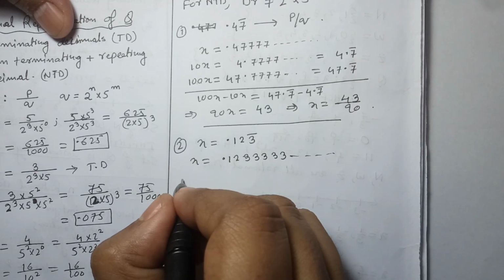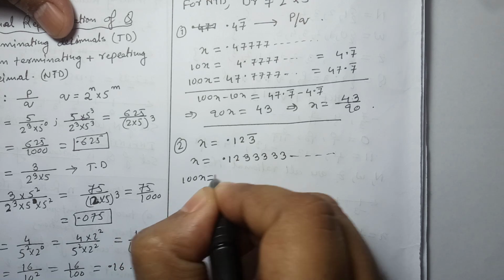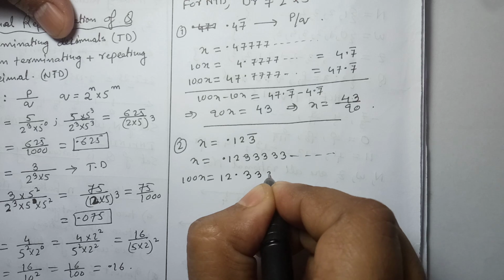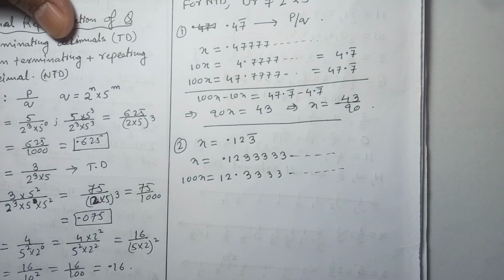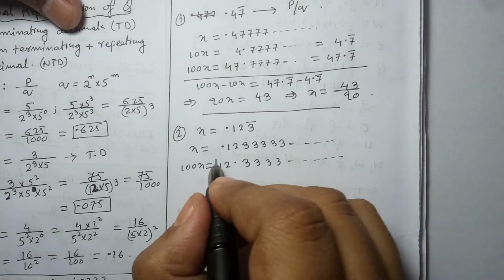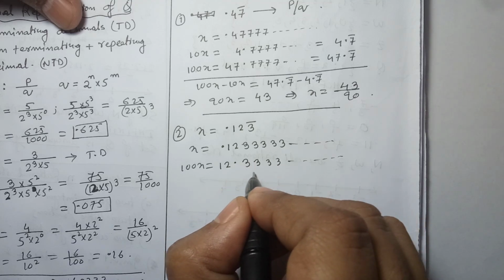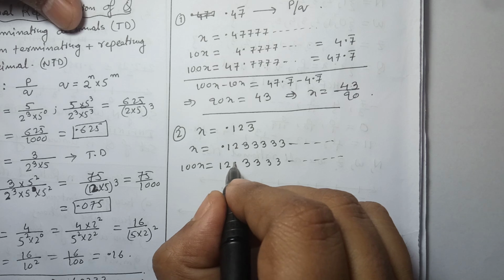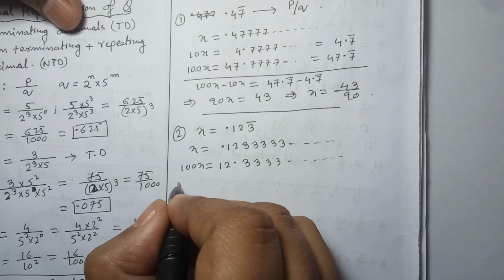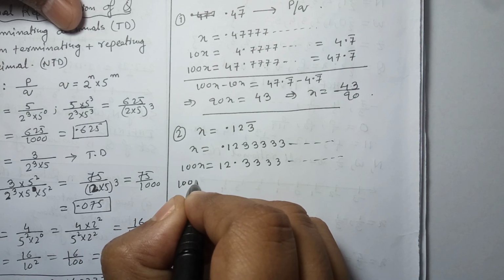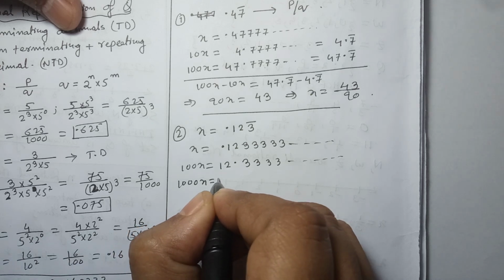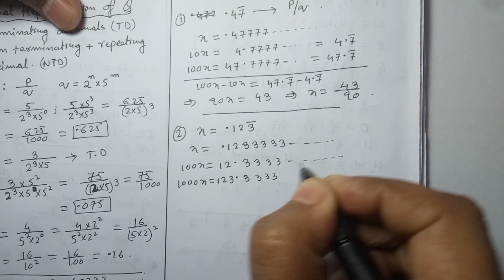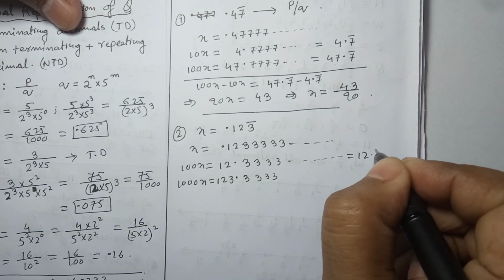I multiply it by 100x because this is a repeating part, so I get 12.3333 dot dot dot. And if I have to keep this decimal place identical, before subtraction I have to shift it one more decimal place. So multiplying it by 10 will give me 1000x, and 123 point again 3333. So this is 12.3 bar.